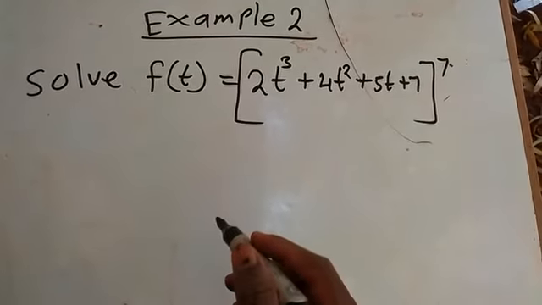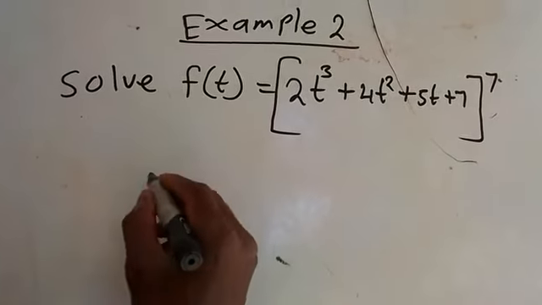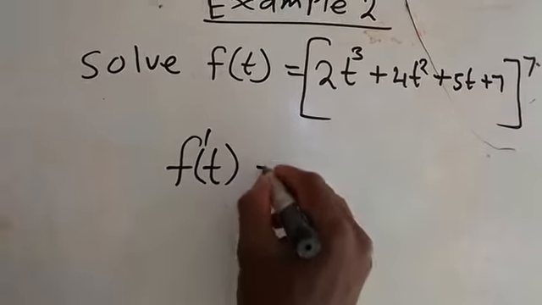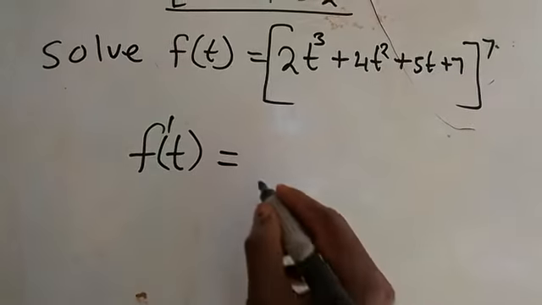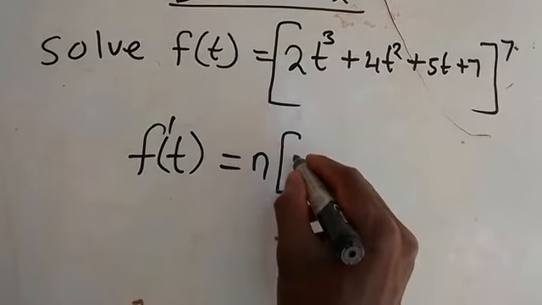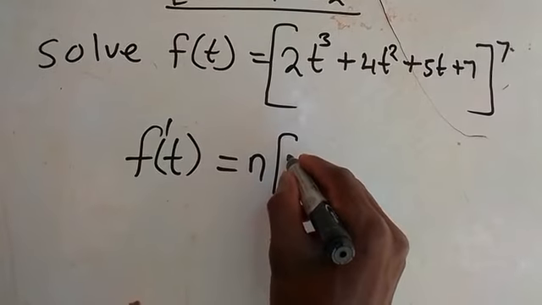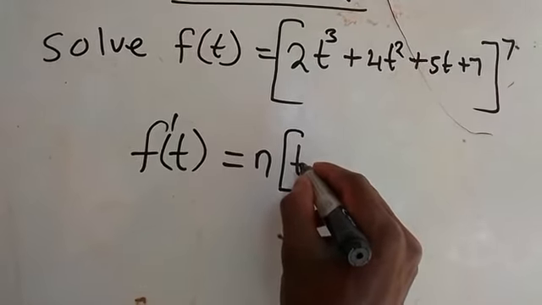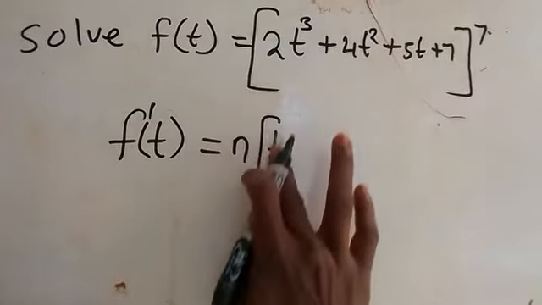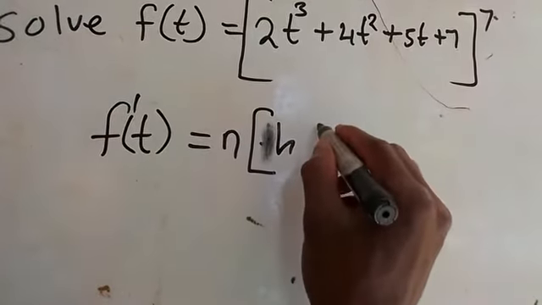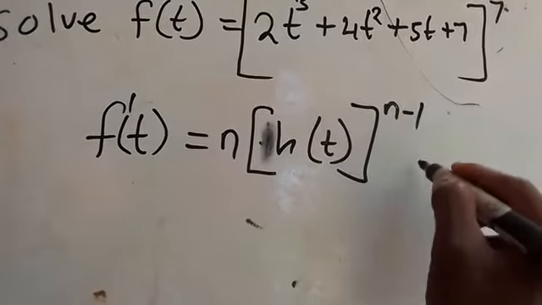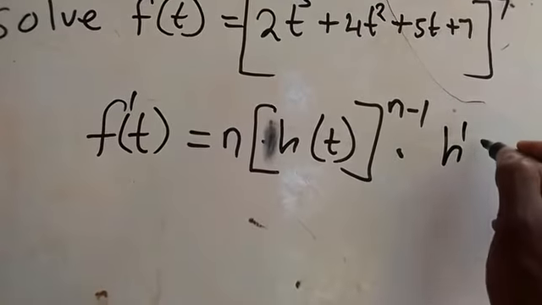So under this one, when we apply our formula, f prime of t will be equal to n into h of t, raised to n minus 1, multiplied by h prime of t.